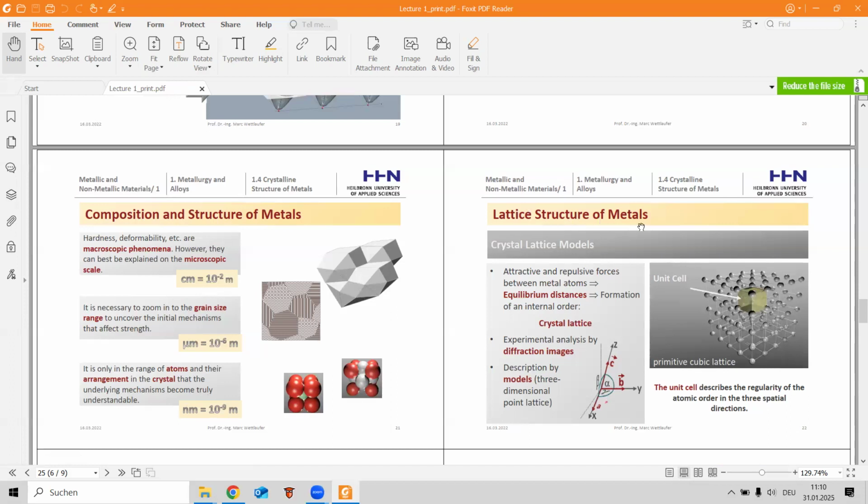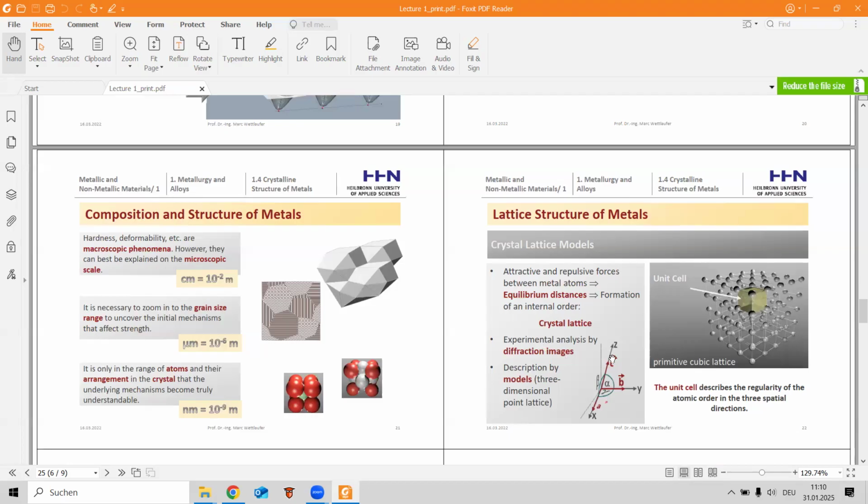Structure of the lattice: crystal lattice model. Here in the picture we have a primitive cubic lattice and unit cell. Attractive and repulsive forces between metal atoms are in equilibrium at equal distances, and in this condition we have the formation of an internal order called the crystal lattice.